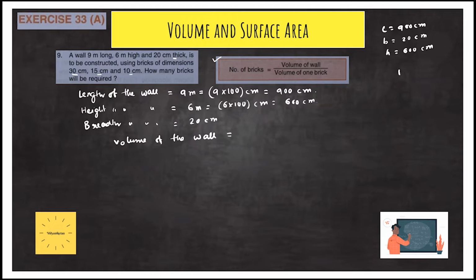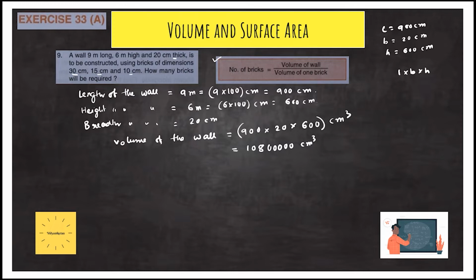So volume is nothing but the formula L into B into H. So L is 900 into B is 20 into H is 600. It is centimeter cube. So ultimately the answer is 108,00,00 centimeter cube. So this is the answer of the volume of the wall.